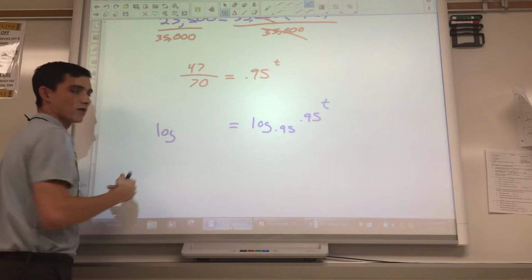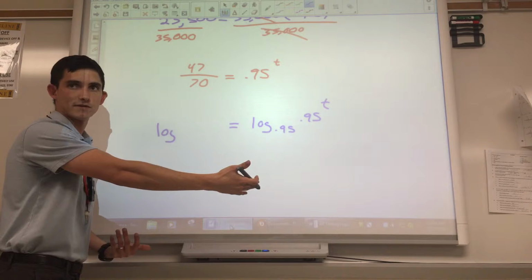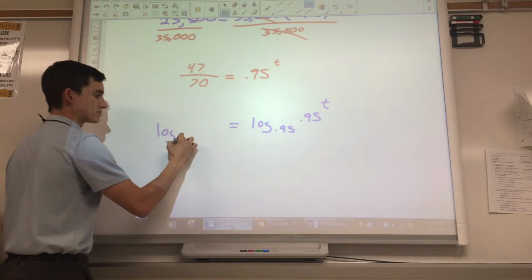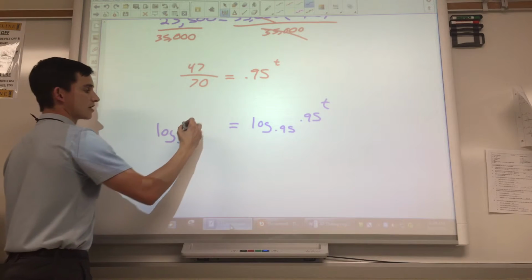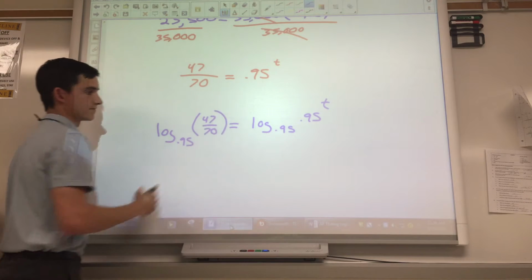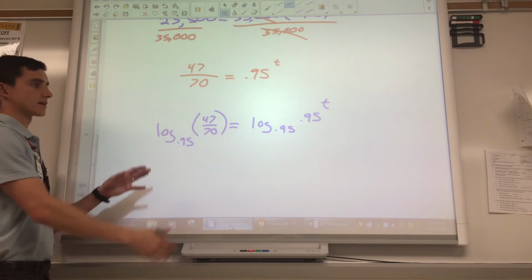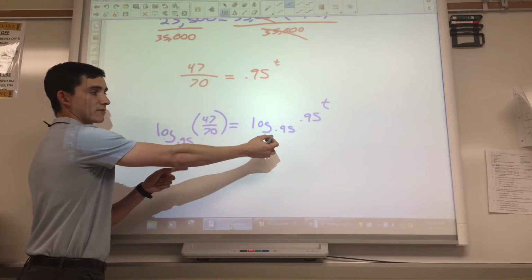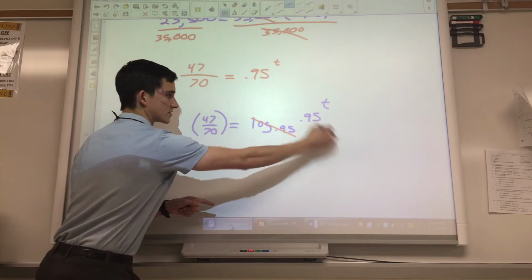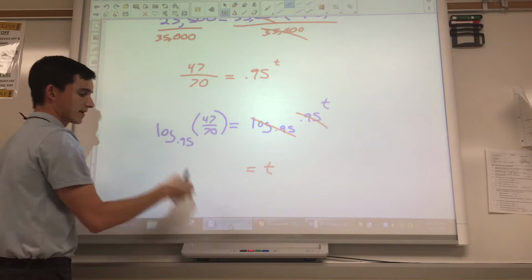Just like if I divide by 5 on one side, I have to divide the other side by 5 also. So if I do the log base 0.95 of one side, I do log base 0.95 of 47 over 70 as well. So it would be like 7.7, something like that. We already know log base 0.95 of 0.95 is just 1, so those are gone. So t equals whatever this is.